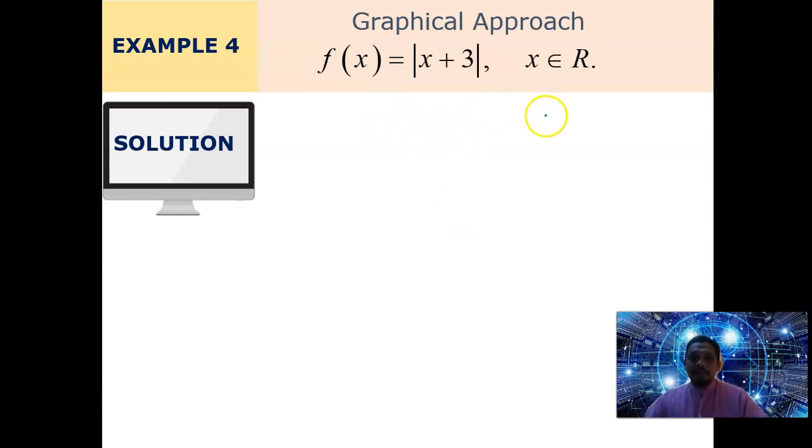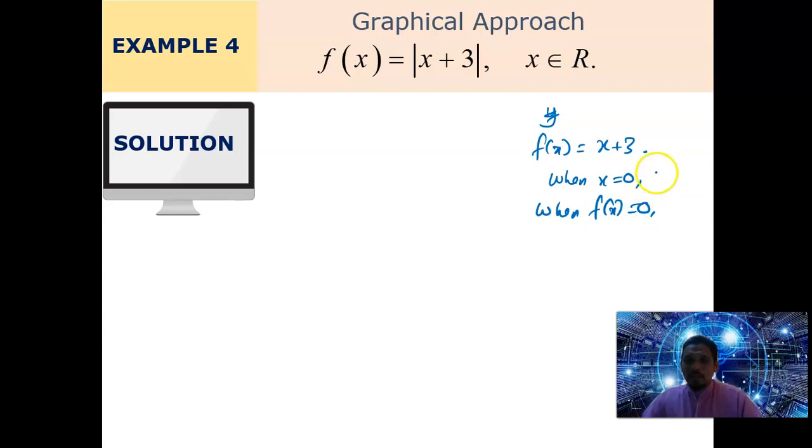So class, let's say fx equals x plus 3, and let's find when x equals 0 and when fx equals 0. When x equals 0, f(0) equals 3, and when fx, which is x plus 3, equals 0, then x equals negative 3.